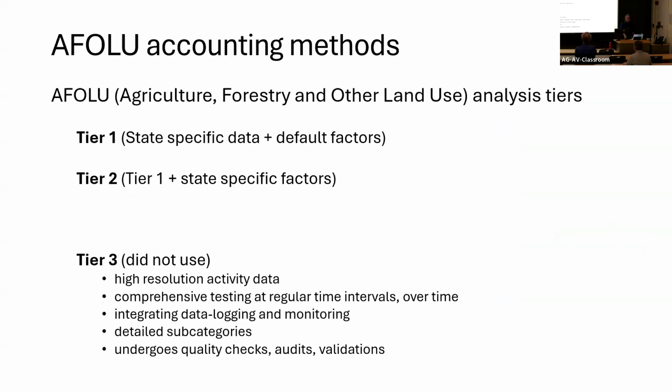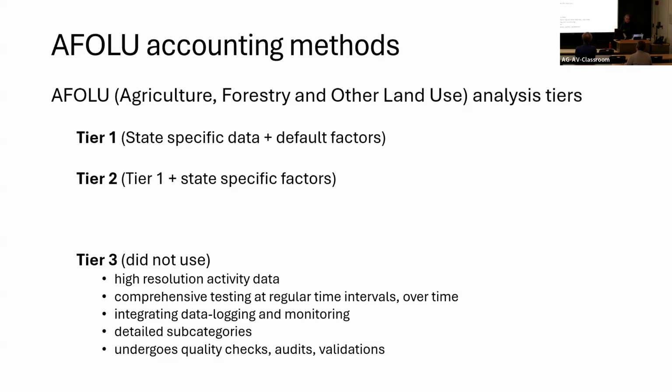The AFOLU counting mechanisms, there are three tiers. Tier 1 is state-specific data plus default factors. Tier 2 is Tier 1 plus state-specific factors. And Tier 3 has huge data resolution, which is not readily available in most cases. So our analysis used Tier 1 and Tier 2 methods.